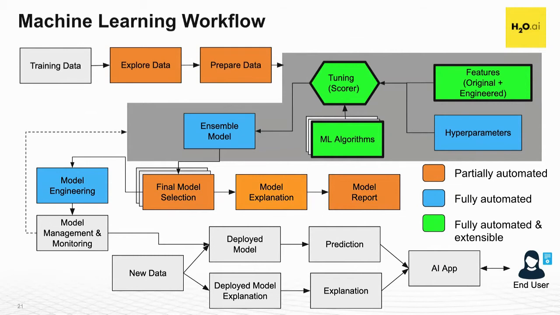But once you get into that darker gray block where you're iterating through tuning the models and selecting the algorithm, there's a high degree of automation there. And there's also the capability to not just automate that, but also have some extensibility, right? So extensibility in the sense of what algorithms you can leverage, how you tune those algorithms, and also how you can complement the feature engineering that already exists in the tool with additional feature engineering, adding your own IP from your business into this process, right?